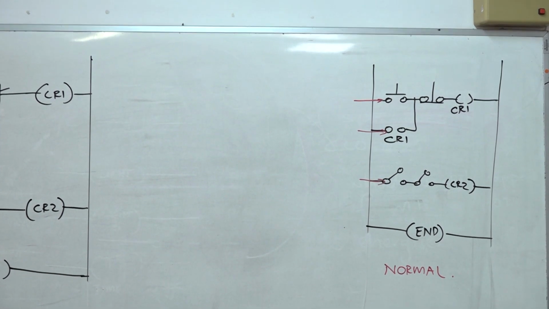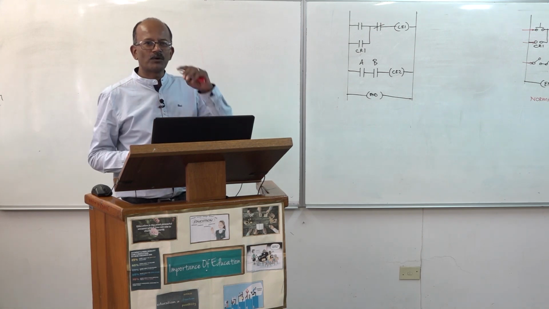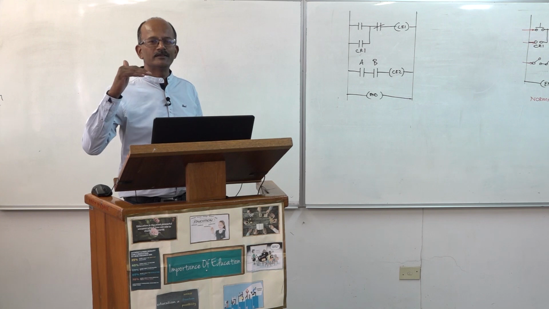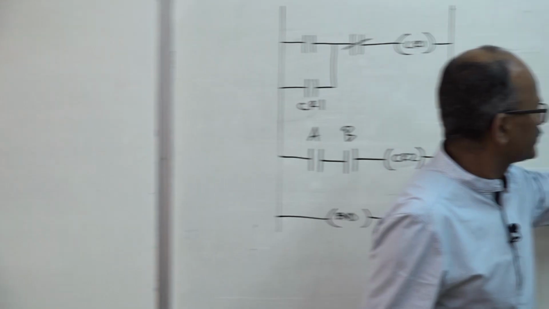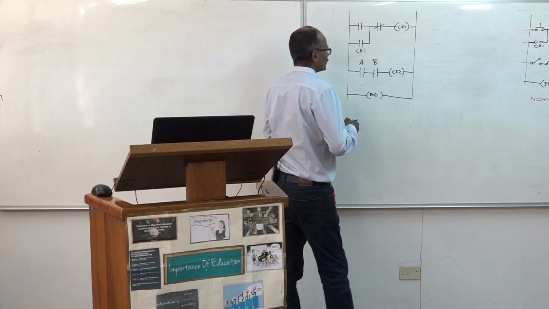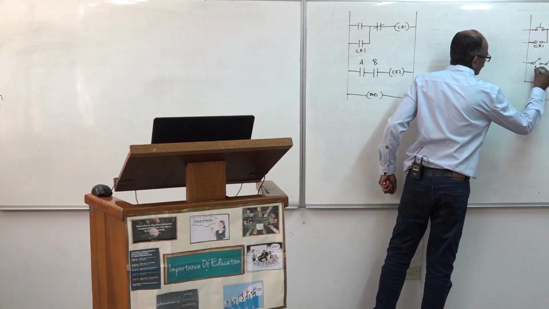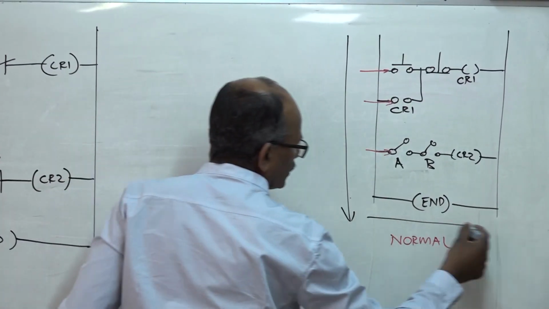The question specifically says explain. When you do that, it is also important that you explain in steps. Don't start with if this is closed or if that is closed. Start in order. Remember what we said is, how does the PLC read? It reads from top down, left to right.